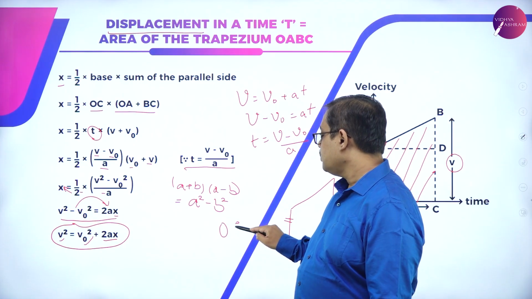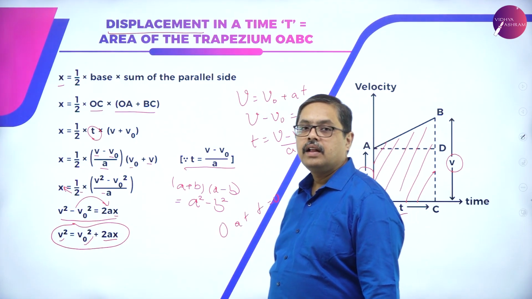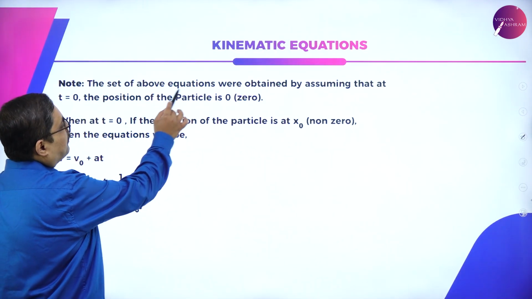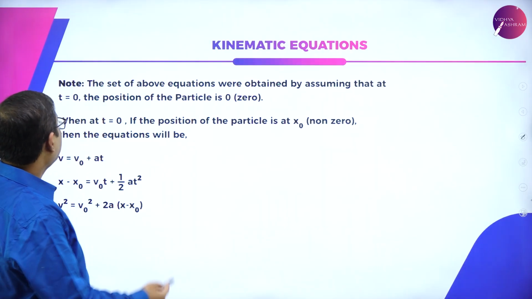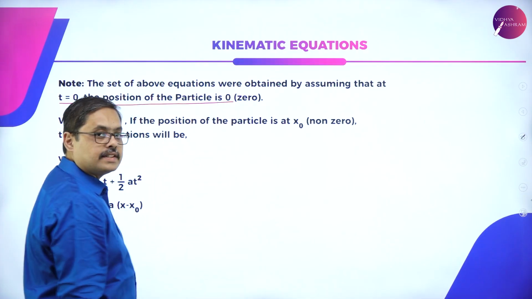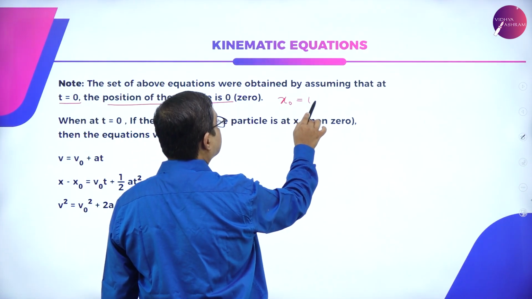Please note, we had considered uniform acceleration, and we had considered that the particle starts at 0 at time 0, at t equals 0. Now if I change that, what will happen? The set of above equations assumed that at time 0 the position of the particle is 0, which means that x naught was 0.